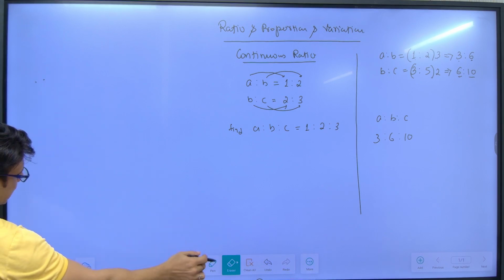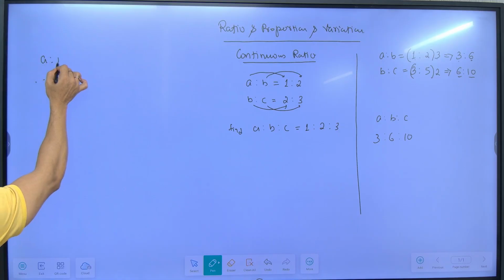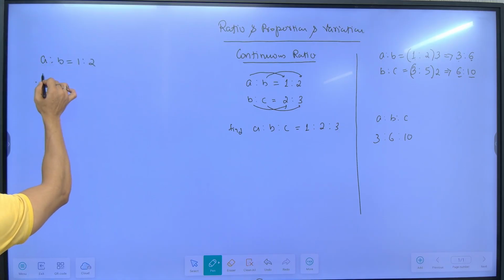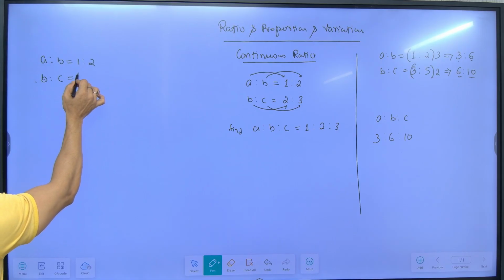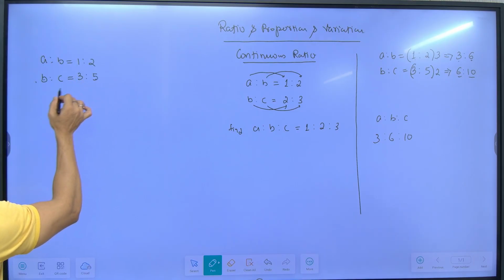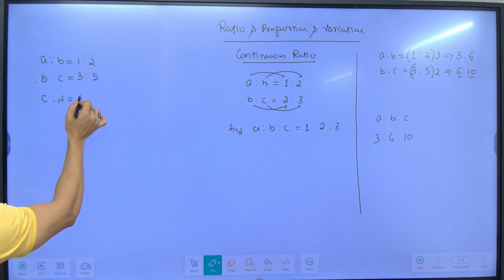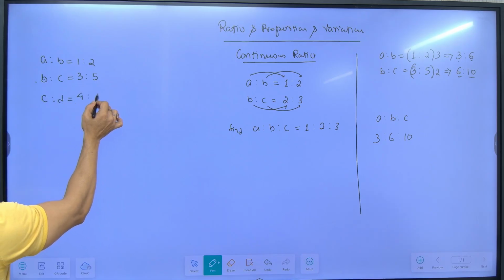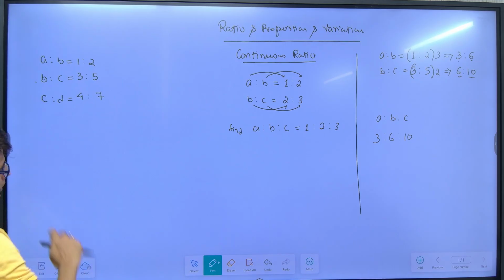Suppose it is given that A is to B is 1 is to 2, B is to C is 3 is to 5, and C is to D is 4 is to 7.